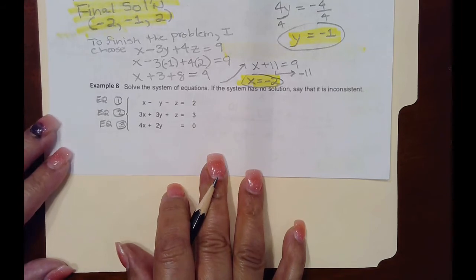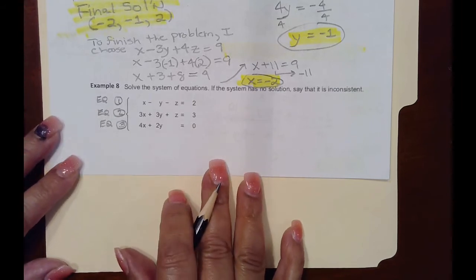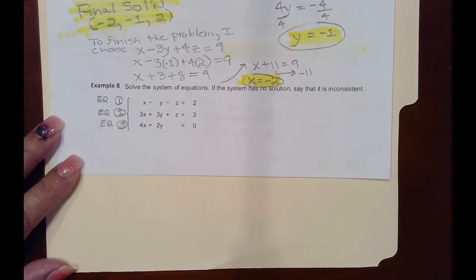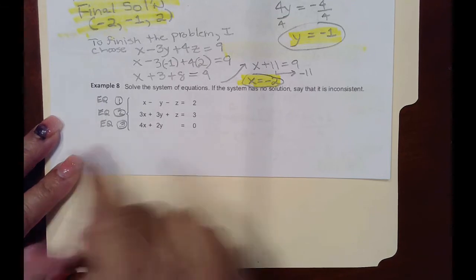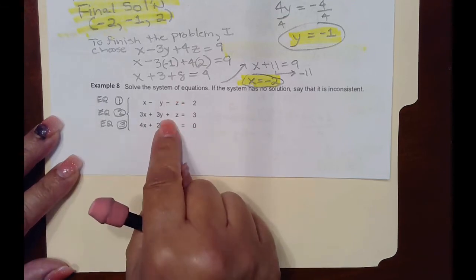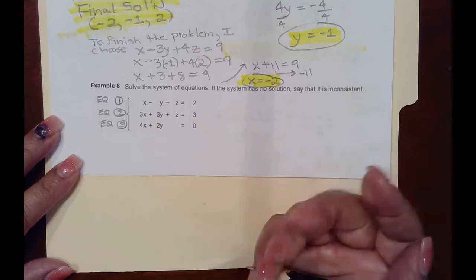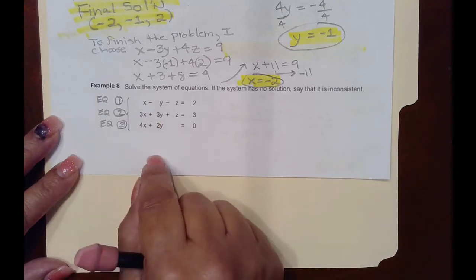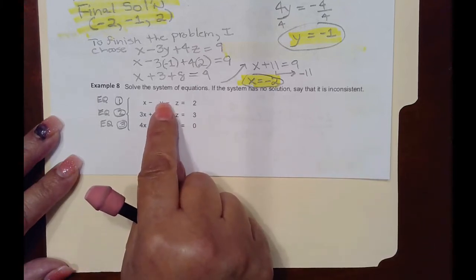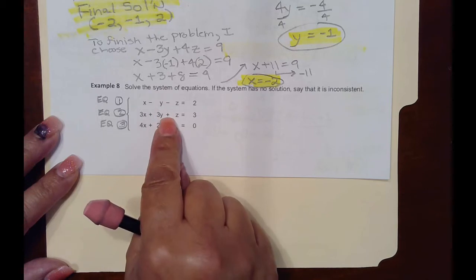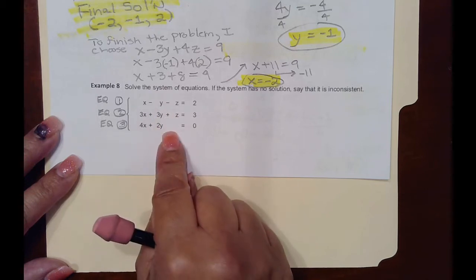So in my first attempt, I believe what I'm going to do is try to get rid of the z's, only because I'm looking at equation 1 and 2, and I can see that z would be a really good variable to get rid of in this particular problem, because if you use equation 1 and 2, they're going to cancel each other out. And equation 3 doesn't even have one.